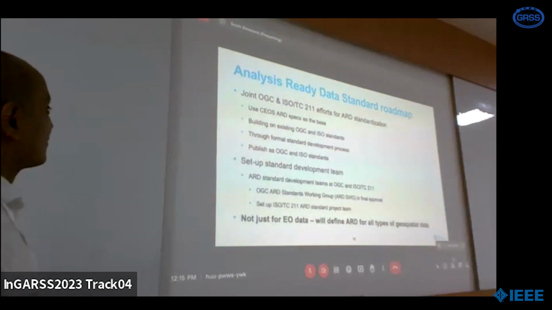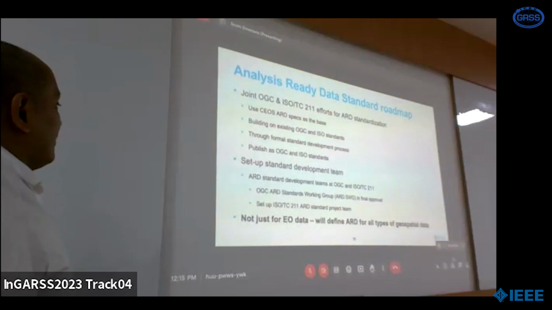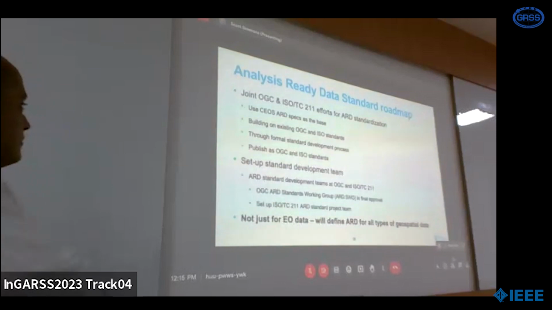And with very active participation from CEOS, to develop an international standard for analysis ready data that is universal for any type of geospatial data. So we are leaving out of our scope non-spatial data. I talked about the analysis for this building for cooling. We're not looking at necessarily the capability of the power grid as part of the analysis we might have to do. We are looking at spatial data.